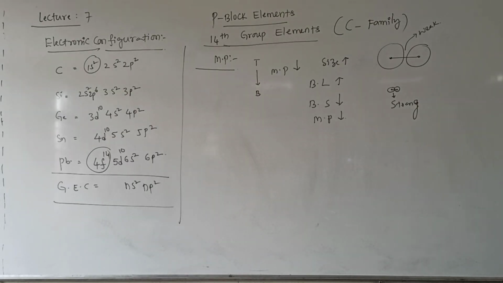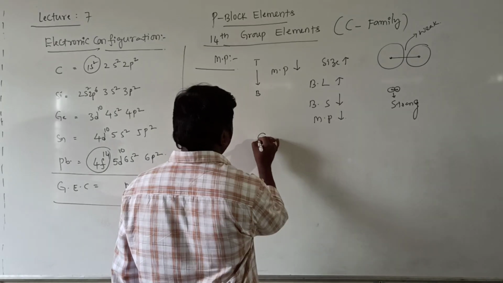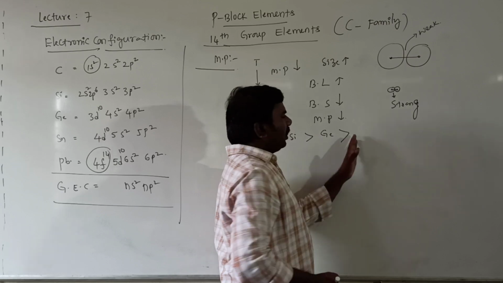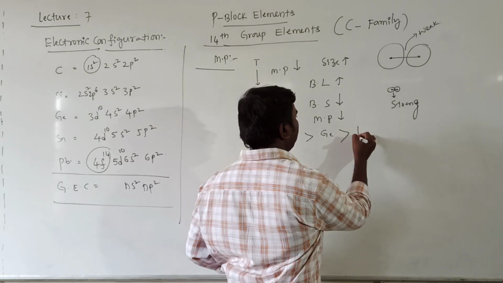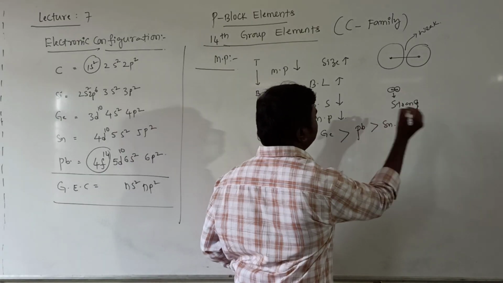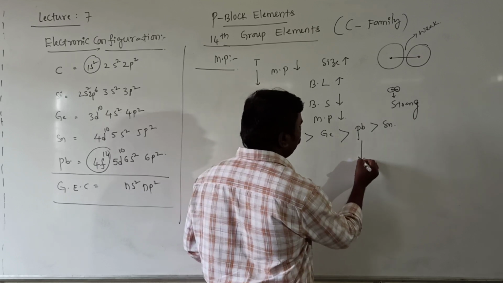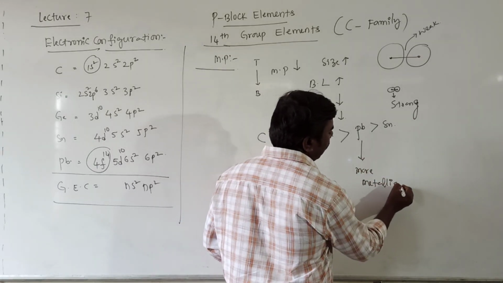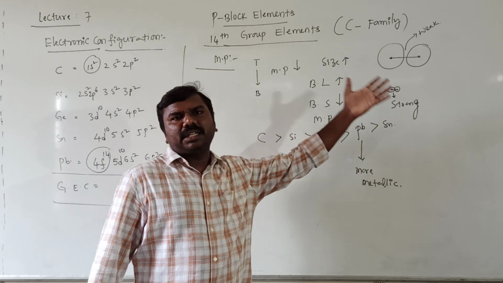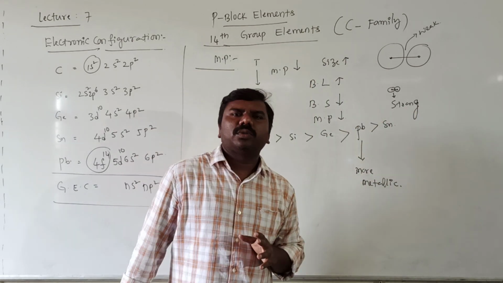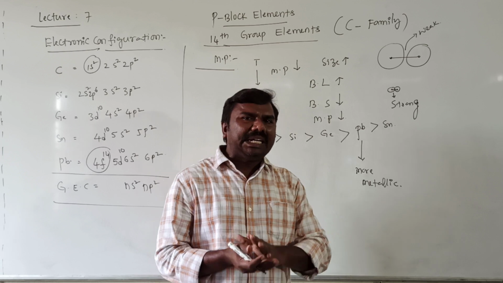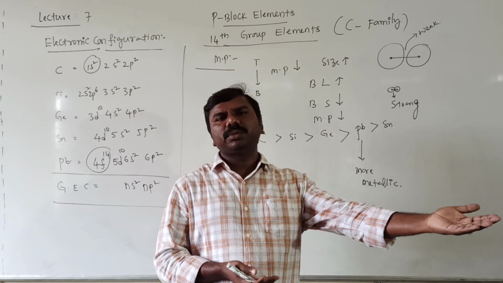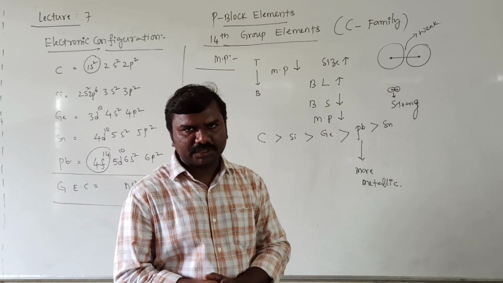Order will be carbon, silicon, germanium. Actually tin must come next, but instead of tin, lead and tin. Because lead is more metallic, it is the bottommost element when compared with tin. Tin, during melting, converts from one allotropic modification to another allotropic modification.